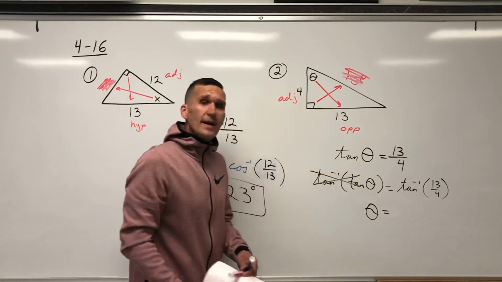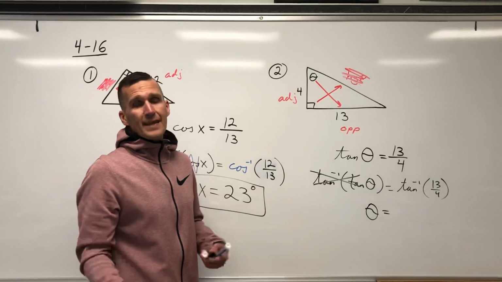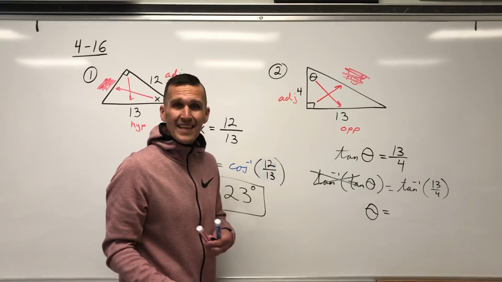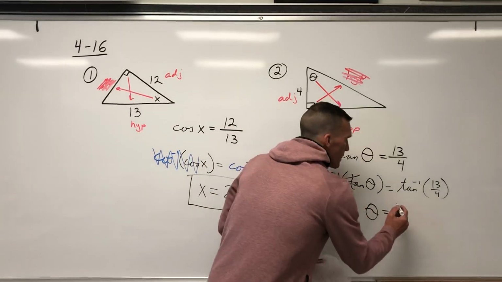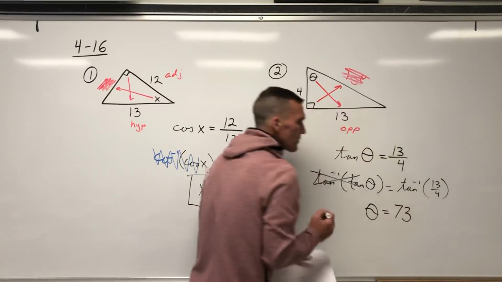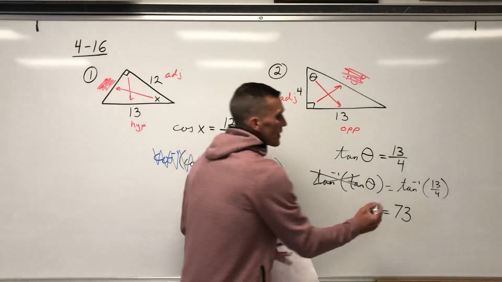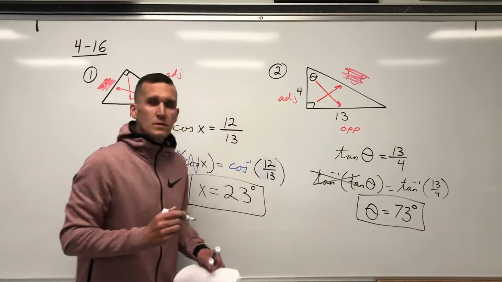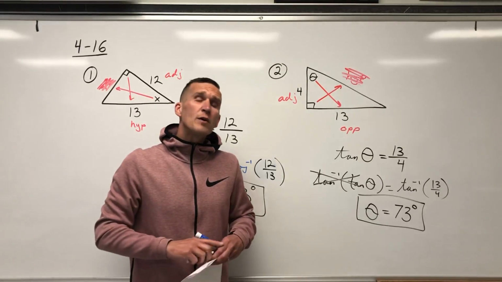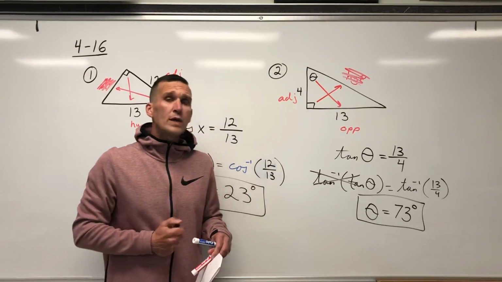And then on the right side, I actually typed that in my calculator. Second tangent of 13 divided by 4 is approximately 73. But again, remember when you're solving for an angle, 73 degrees.